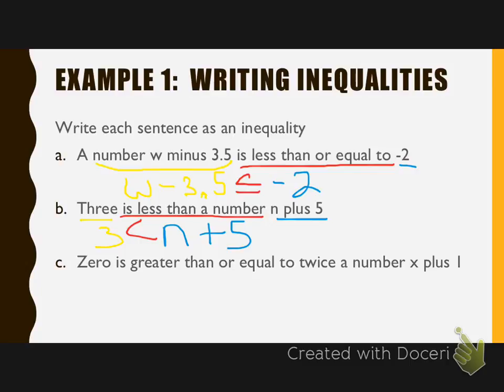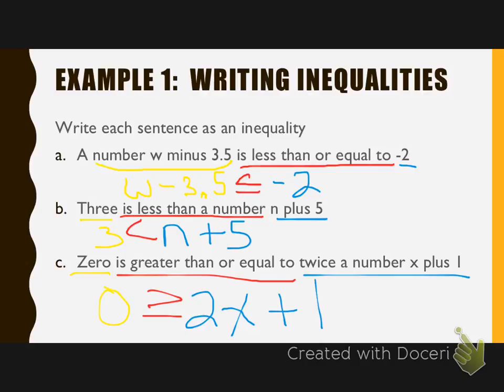What you need to write. 0 is greater than or equal to twice a number, a number x, plus addition 1. Twice a number plus 1. So there's that section. That's writing an inequality.